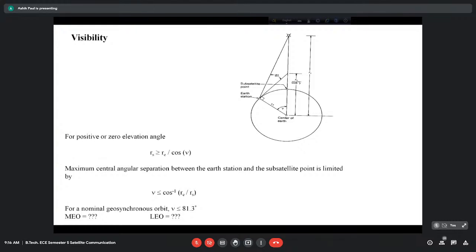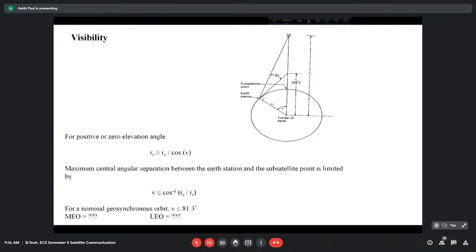So we can say from this relation that cosine of gamma should be less than or equal to Re by Rs. So gamma should be less than or equal to cos inverse of Re by Rs. Re is the radius of the Earth. So this is the condition for visibility.